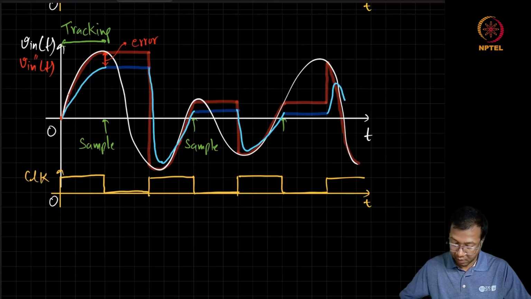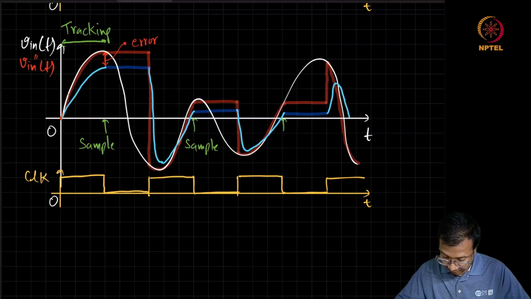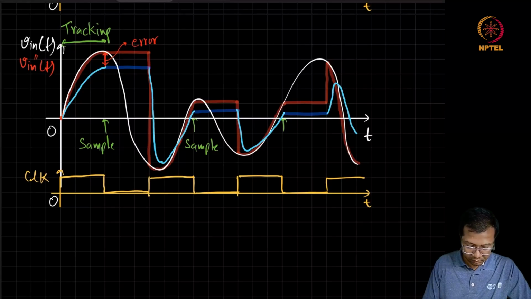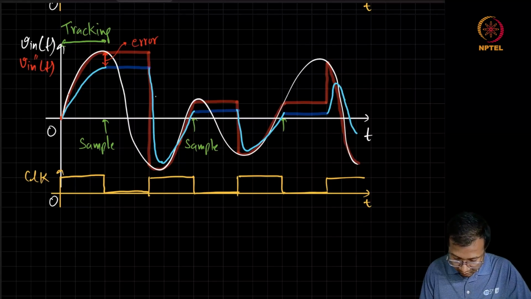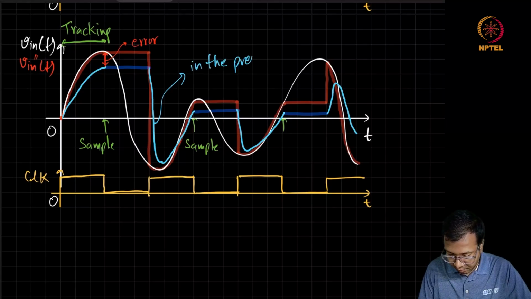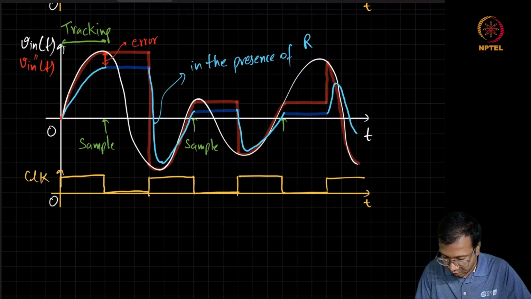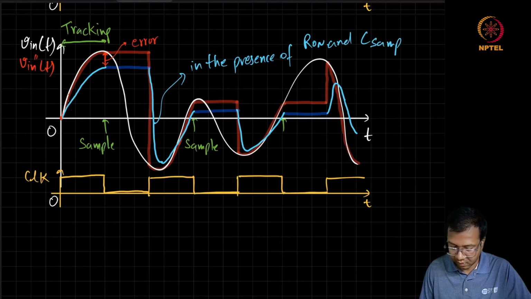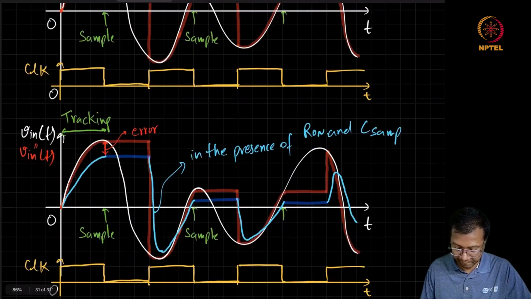Okay. So this is in the presence of sampling capacitance.